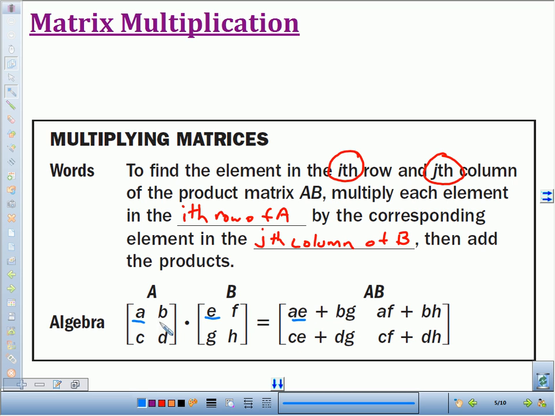Then I multiply B, the second element in the first row, by the second element in the first column of B, and I have B times G. I add the two together, and that will make the first element of my new matrix. So you can see I multiplied A times E, then B times G.